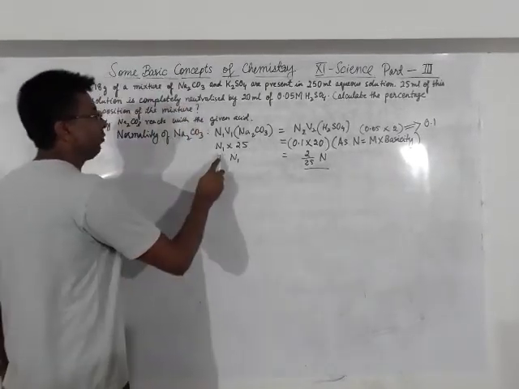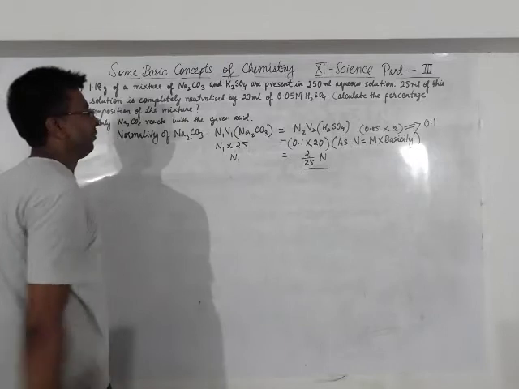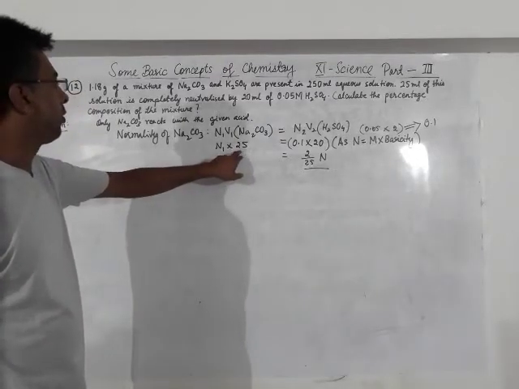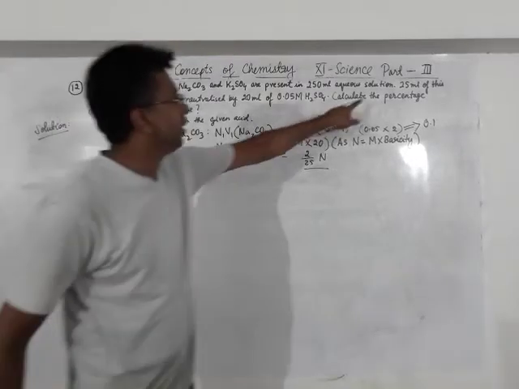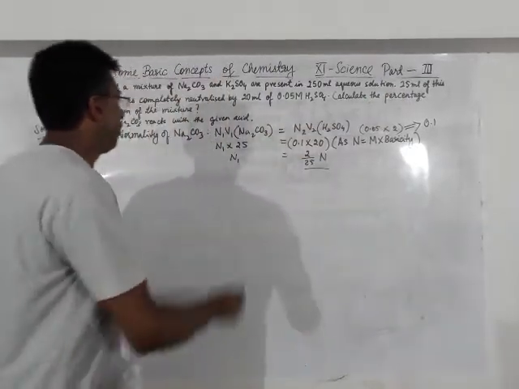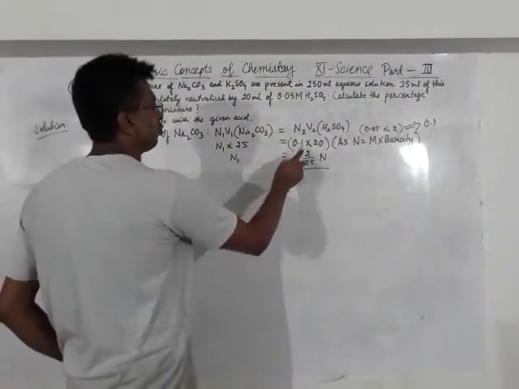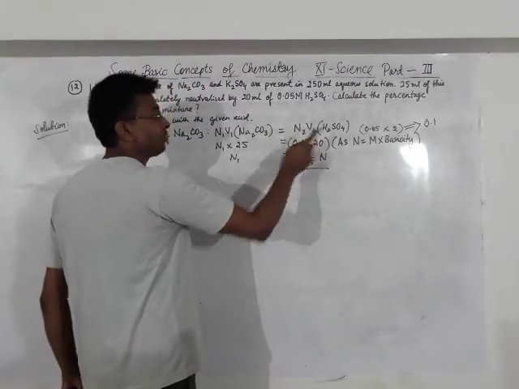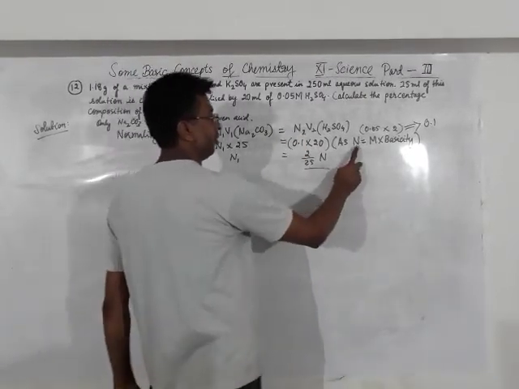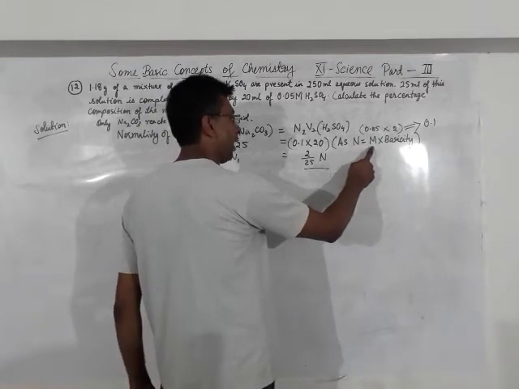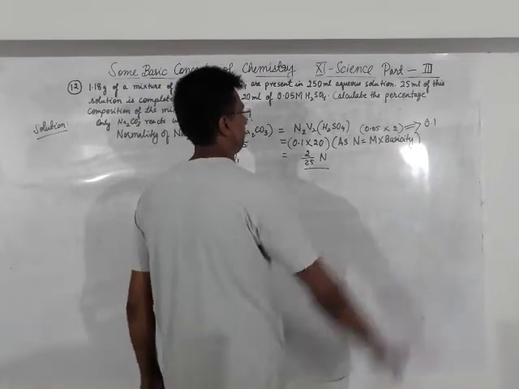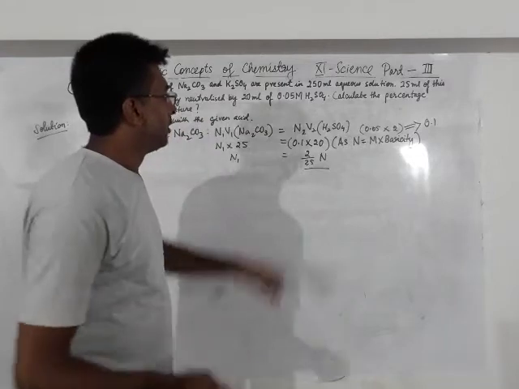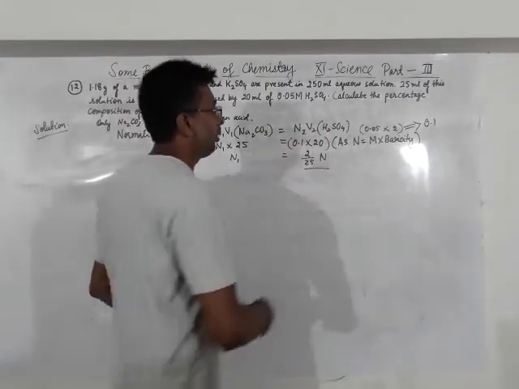So N1 into 25, the volume of this sodium carbonate solution given in the question, 25 ml, is equal to N2, which I have written as 0.1. How did I get the normality of sulfuric acid? There is a formula: normality is equal to molarity into basicity. Sulfuric acid is a dibasic acid, so I put 2 over here.